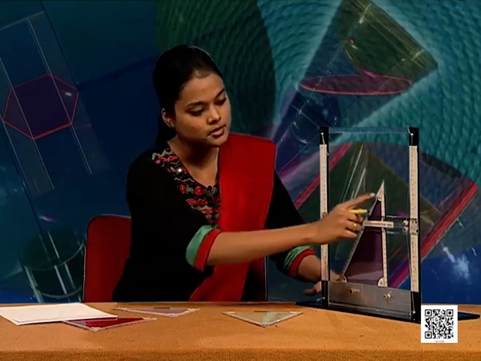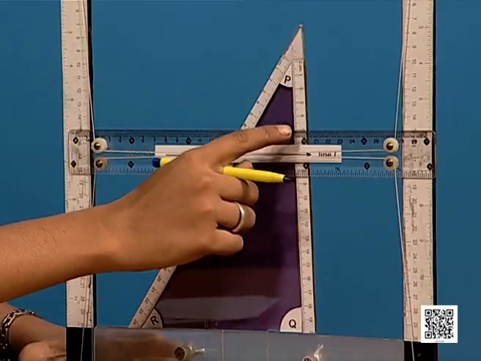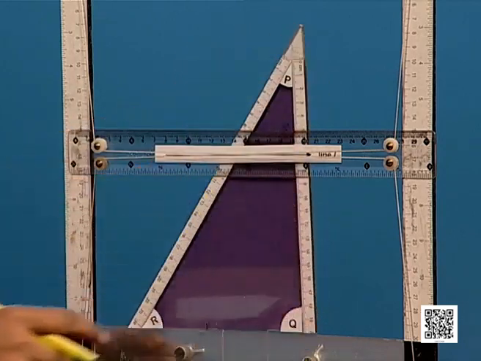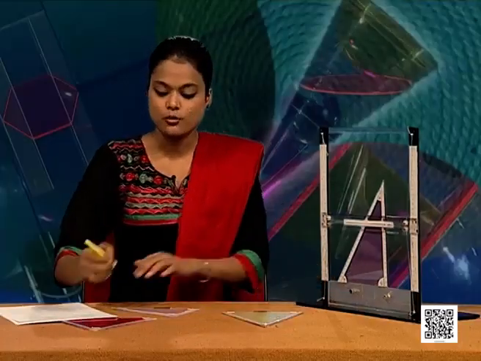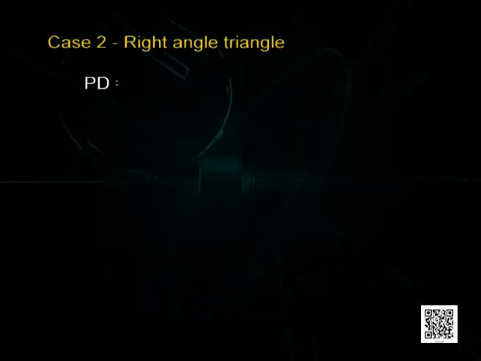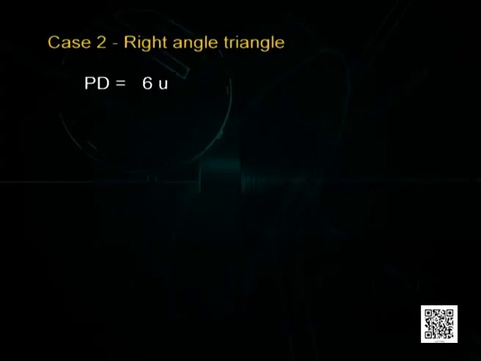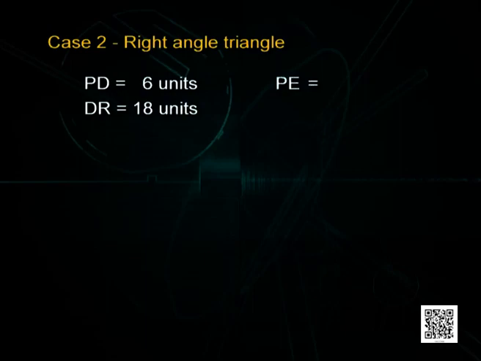Now on measuring PD, DR, PE and EQ, we can see whether the two sides are divided in the same ratio or not. So on measuring PD, we can see that it is 6 units, and DR is 18 units. Similarly, on measuring PE, we can see that it is 5 units and EQ is 15 units.